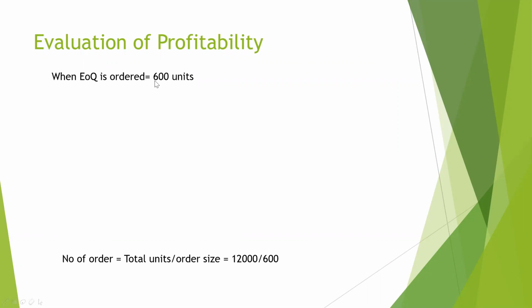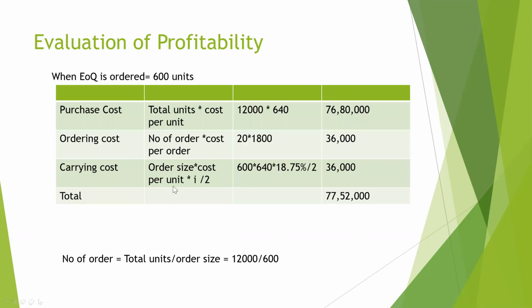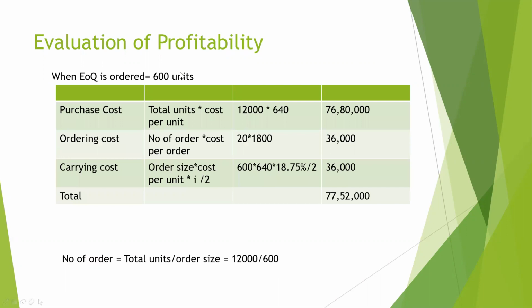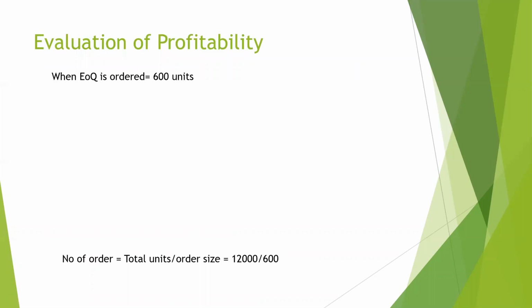If we have an order size of 600 units, the total number of orders will be the annual consumption, that is 12,000 units, divided by the order size 600 units, that is the number of orders will come out to be 20. We'll have to place 20 orders if the order size is 600 units.